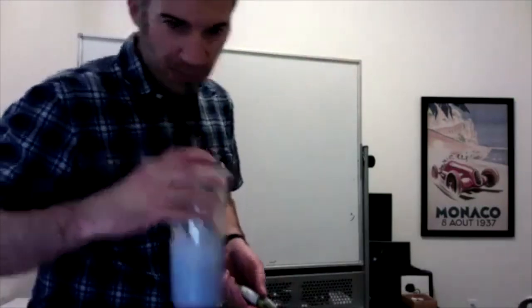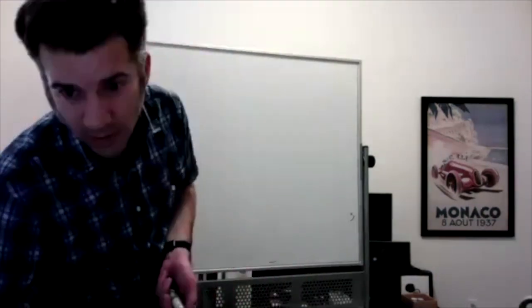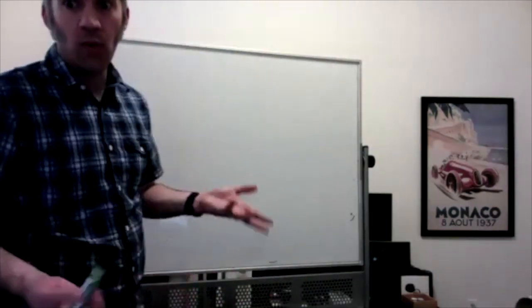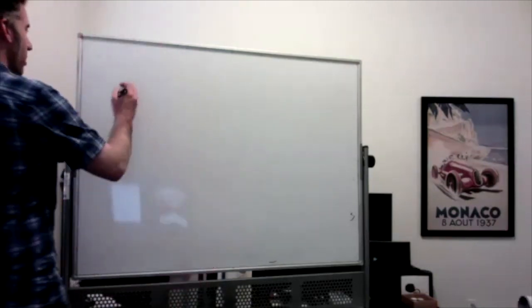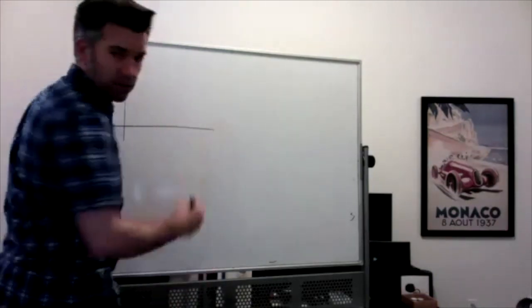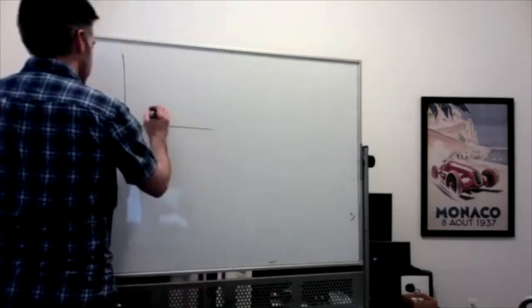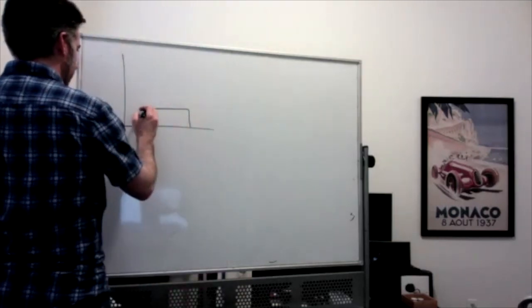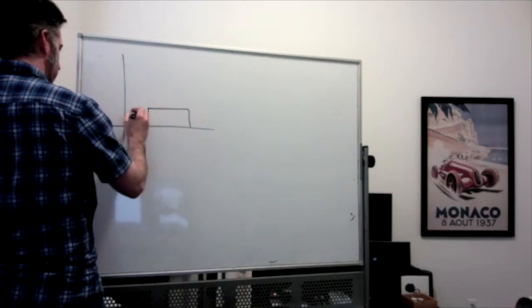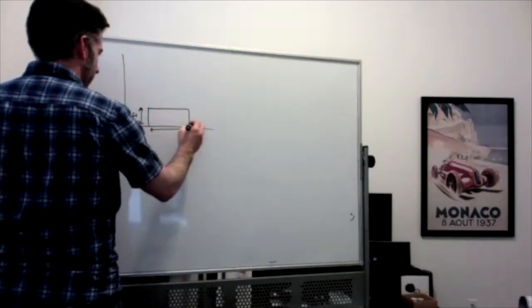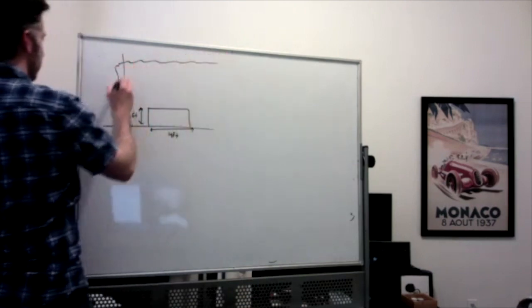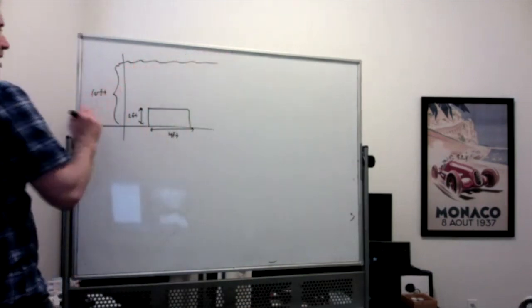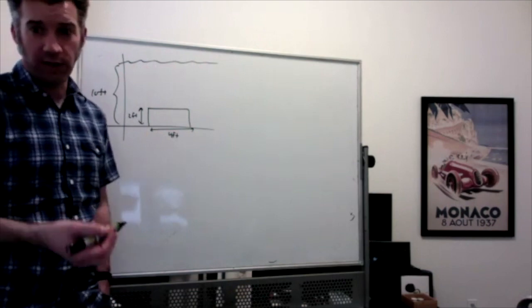So for example, with fluid force, let's say we have some thin plate that's sitting vertically. It's got a height of 2 feet, a width of 4 feet, and it's in a 10 feet deep pool. And I want to find the fluid force due to pressure on the plate.